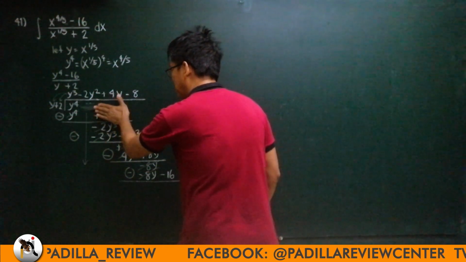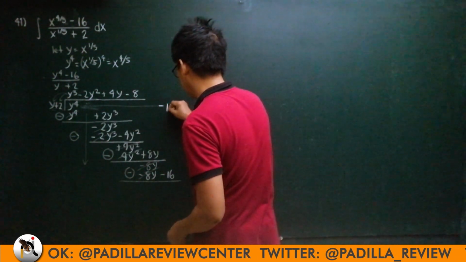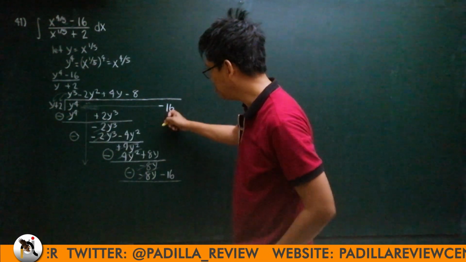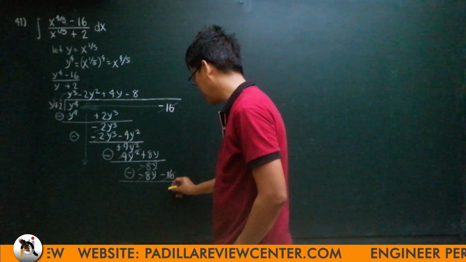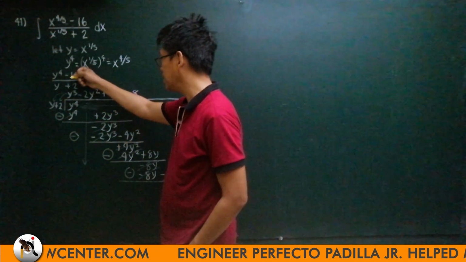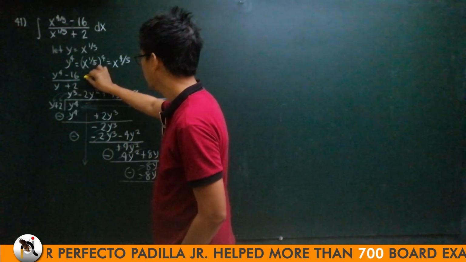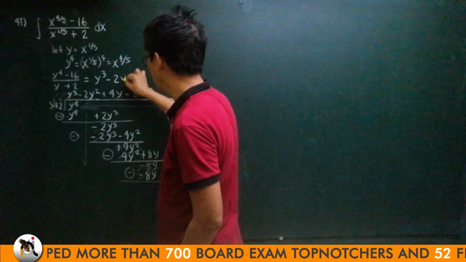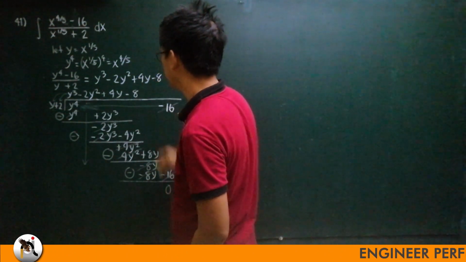Let me align this, minus 16. So I have y to the fourth minus 16. Minus 16 minus minus 16 cancels out, so this is 0. Therefore, this divided by this is y cubed minus 2y squared plus 4y minus 8.